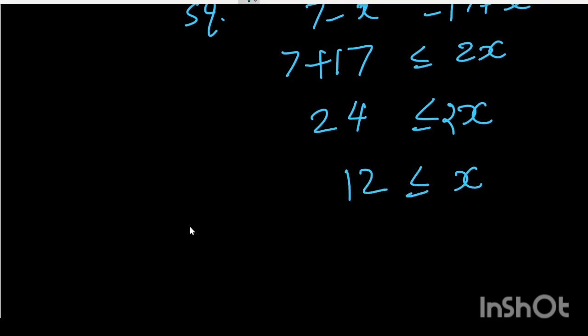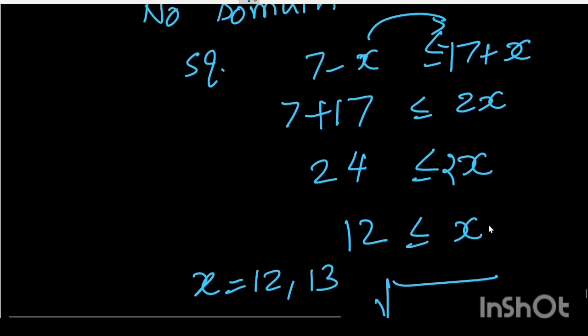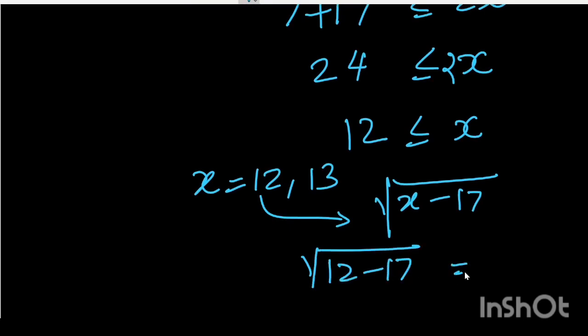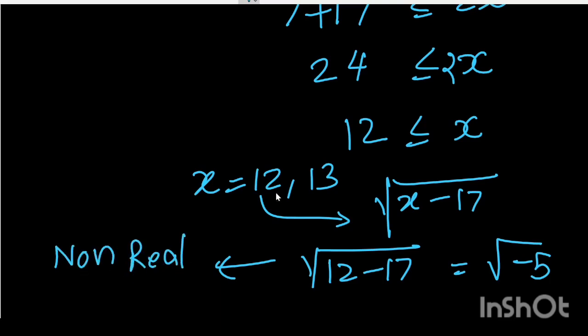Now as you can see, x greater than equal to 12, you can take x equals 12 or 13, but if you substitute in under root of x minus 17, let's say 12, you will get a negative value inside the under root. So this will make it a non-real number. So 12, 13 and onwards are not in the domain.